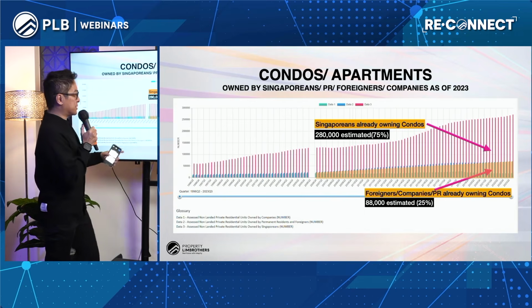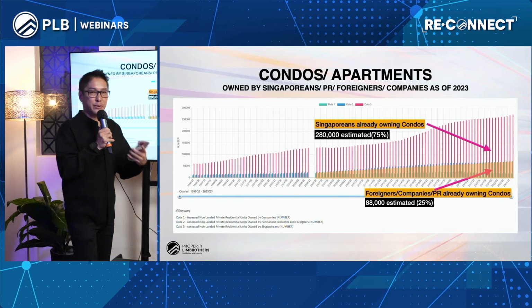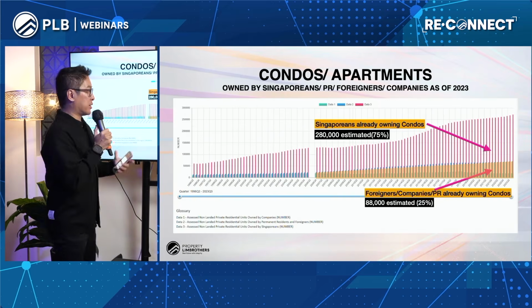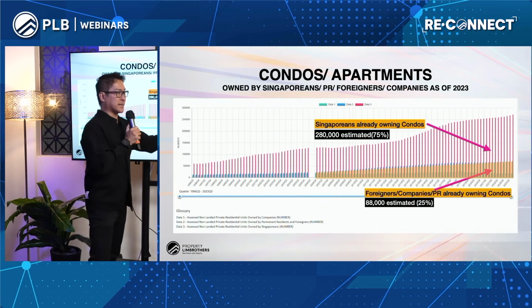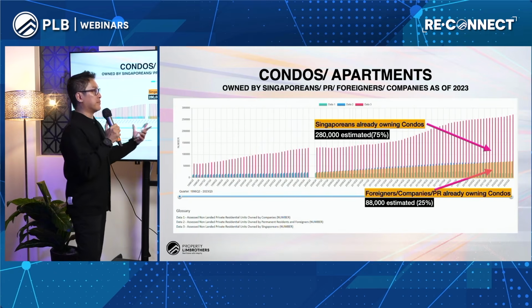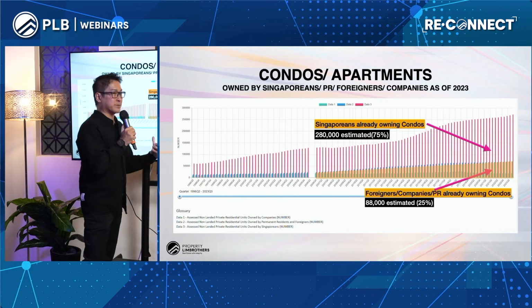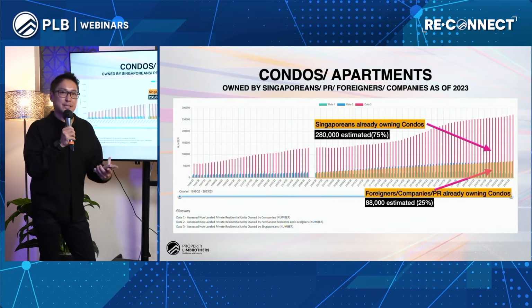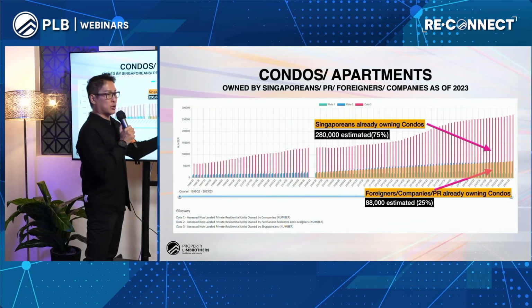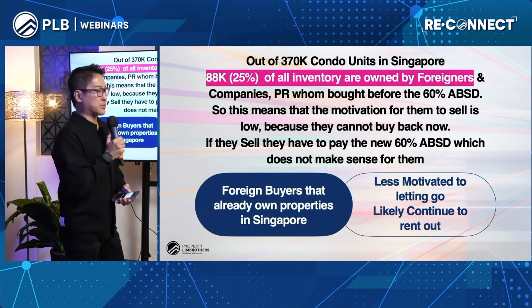So that also translates to the type of region you will be looking to buy in. Where there are more foreigners owning property, it will probably be more challenging for you to exit, because there are fewer transactions in that particular condo or region.